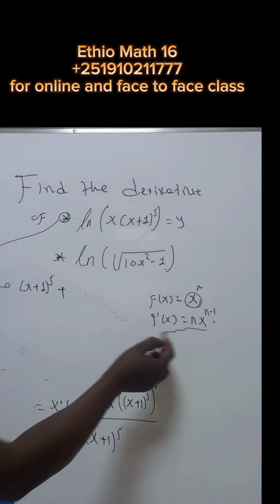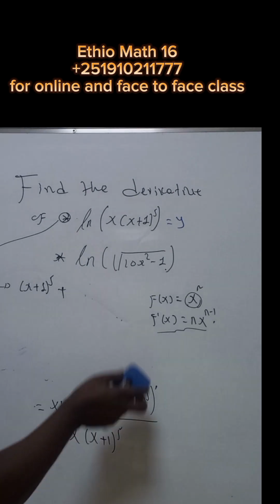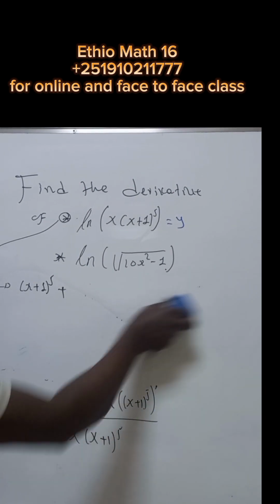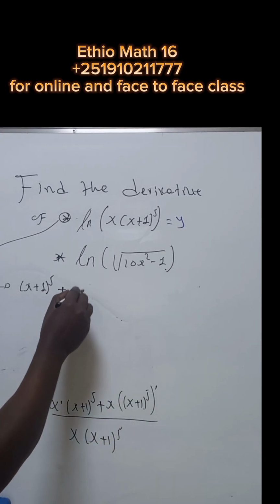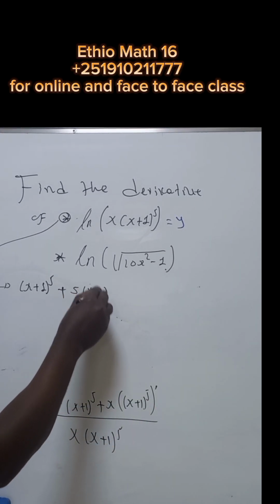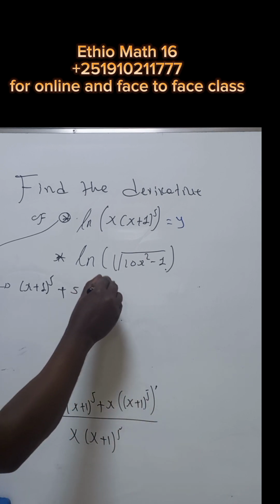With a similar principle, in this case the derivative is written as 5 times (x plus 1) raised to 5 minus 1, which is 4.